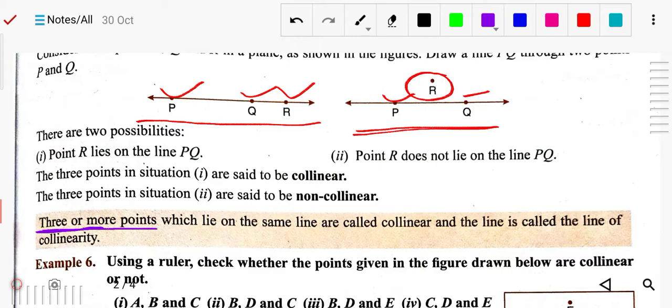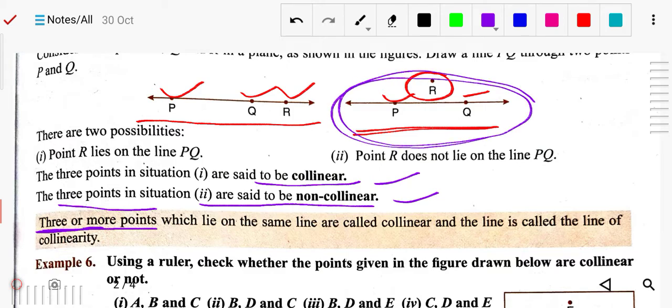Okay, so here are some points. The three points situated on a line are said to be collinear. If 3 points are not situated on a line, they are called non-collinear. Non-collinear means this, here you can see in this example P, Q and R. This R is not on this line, it means they are non-collinear.